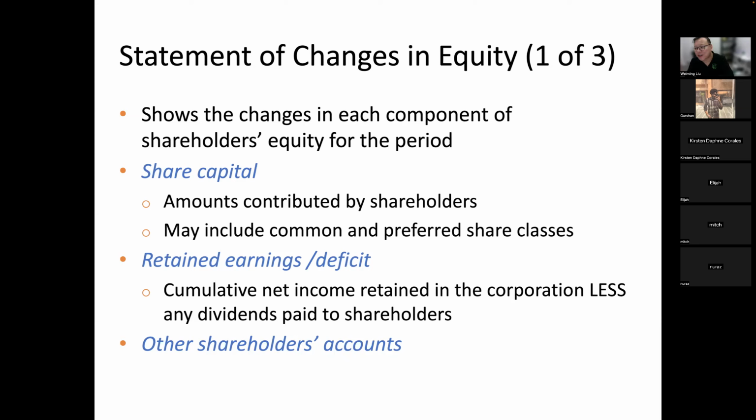Okay, so what's share capital? So share capital basically, if you need to incorporate a company, you probably issue, let's say, 100 shares to yourself, and you pay 1 cent for each share. So you pay $1 to the company. That's your share capital.